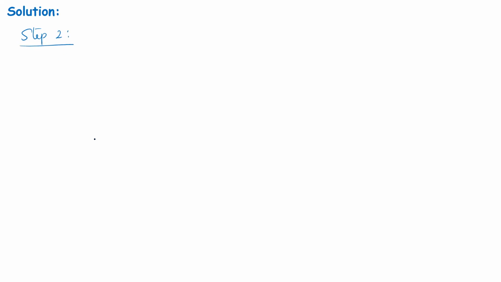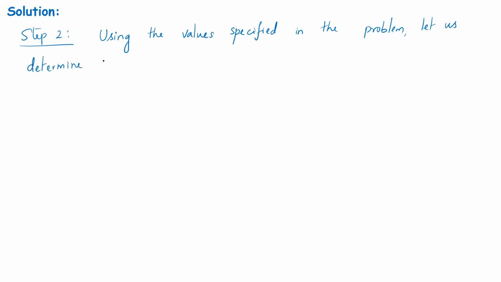Step 2 is using the information specified. Let us first determine the load resistance value in each phase of the delta connected system using the values specified in the problem. Let us determine the value of RL. What is RL?